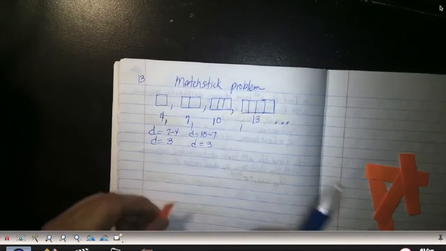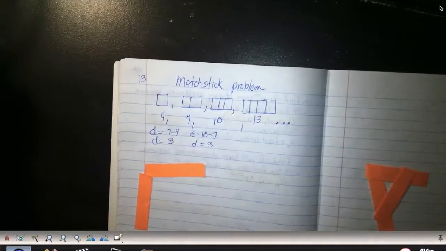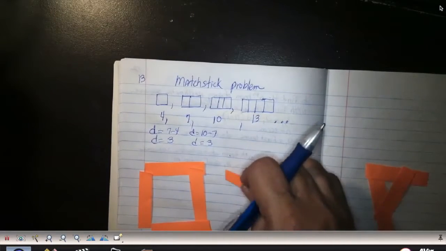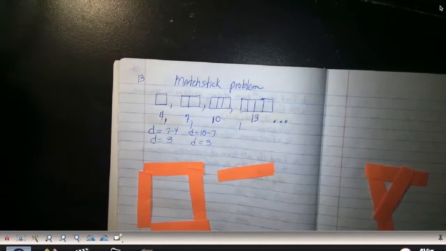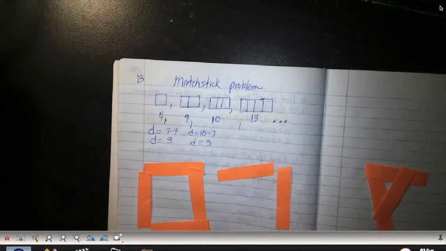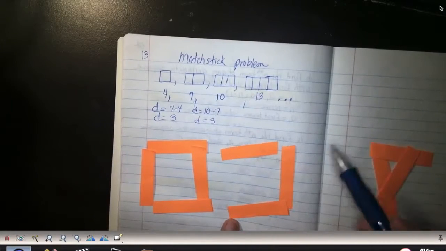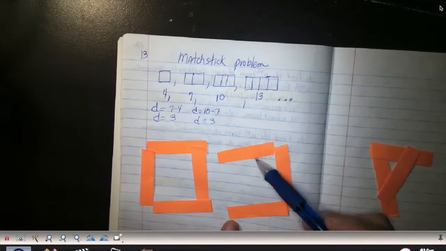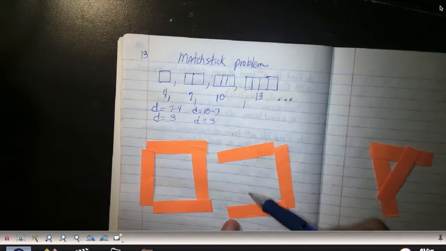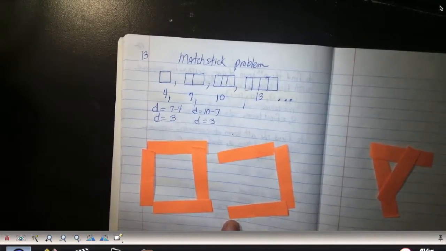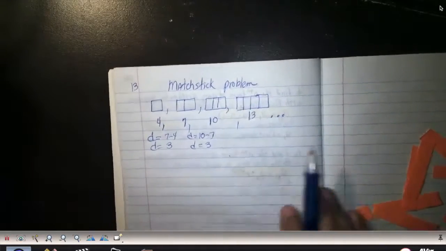Remember that as I built my square, I have to add 3 more: 1, 2, 3. Every time I add another section to this pattern, I'm adding 3 more sides. So it's plus 3, another plus 3, plus 3, plus 3. So my rule here is to add 3.